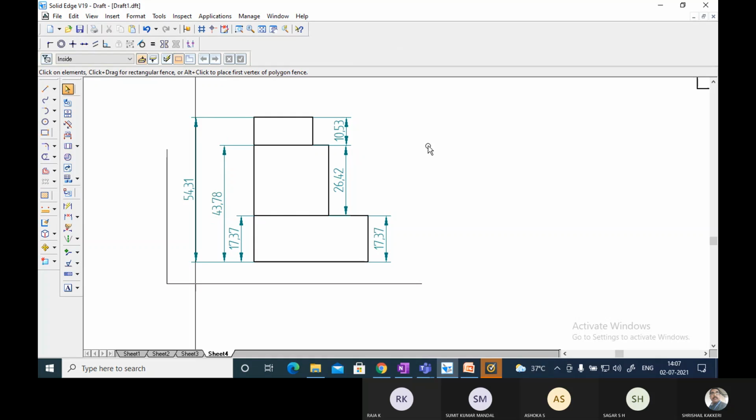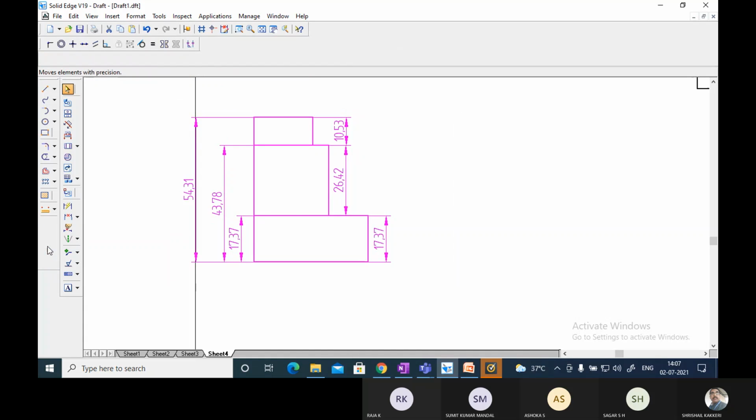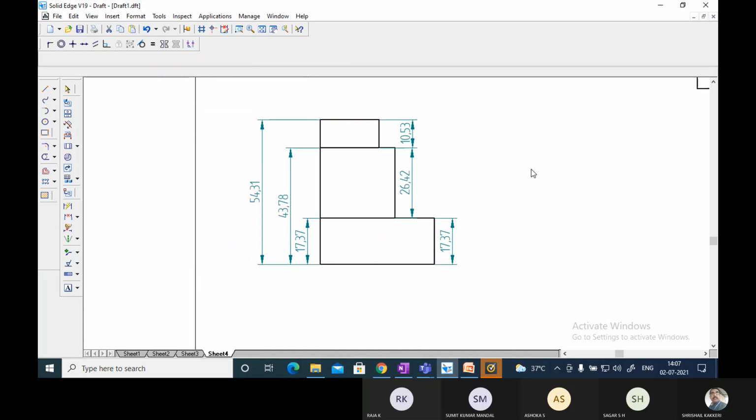One of you please tell me, these discussions are very, very important. What is the difference between the first dimensioning and second dimensioning? One of you please tell me.